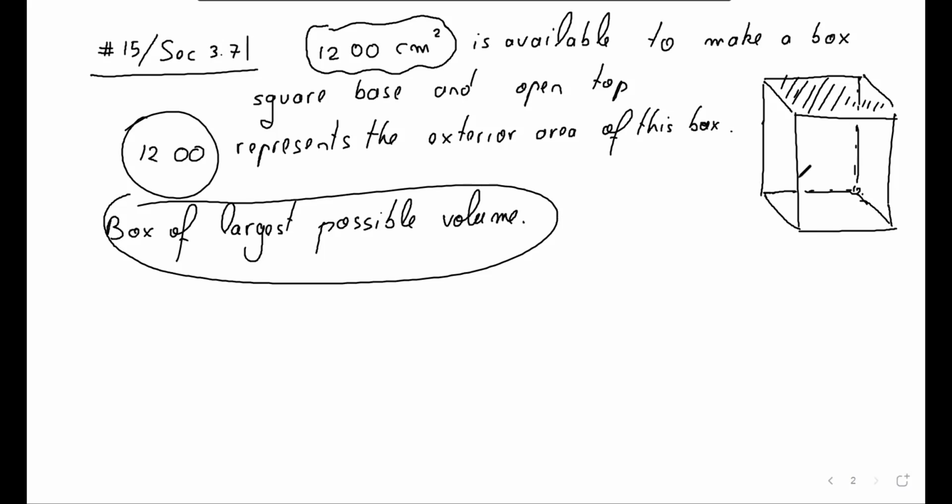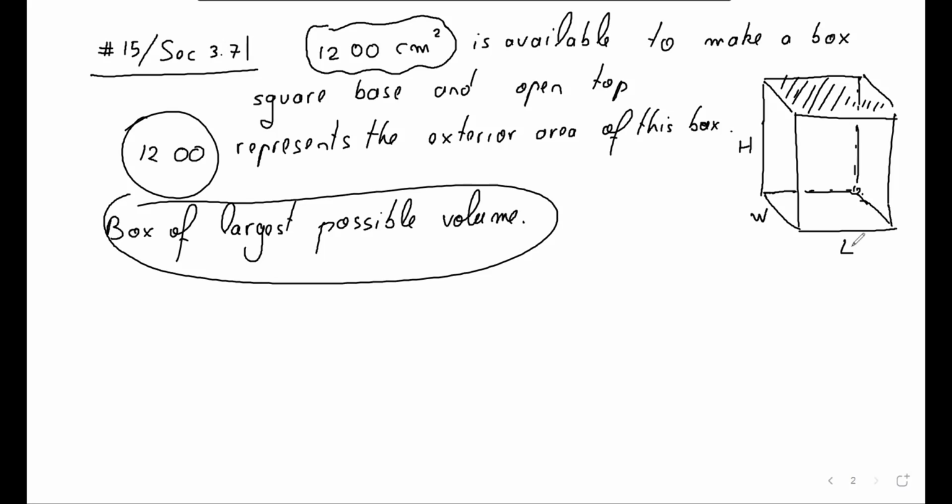Now, what do I not know? How would I identify a box? When you have a rectangular box like that, you would identify it by its height, its width, and its length.